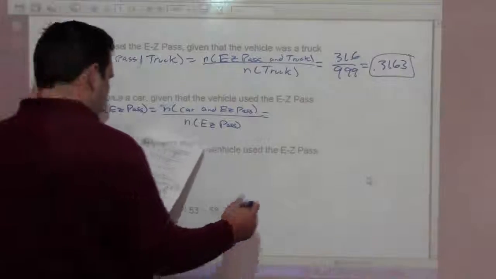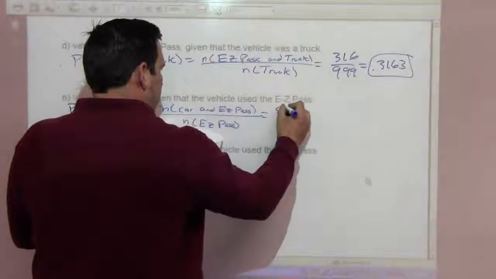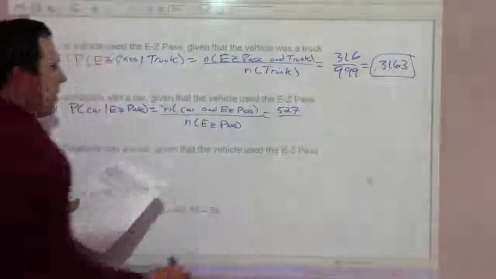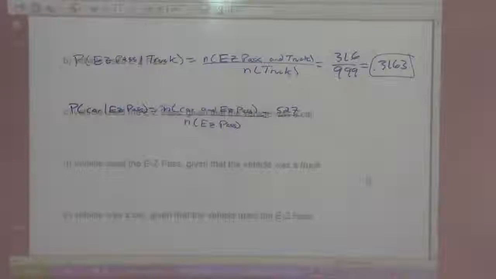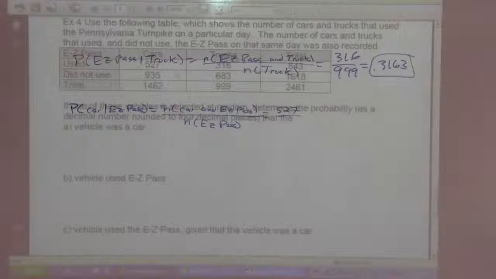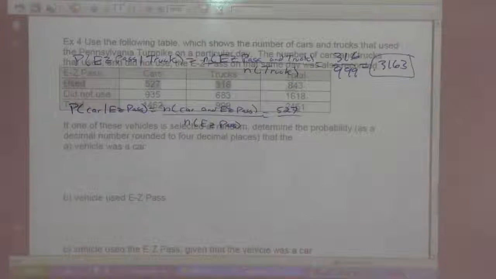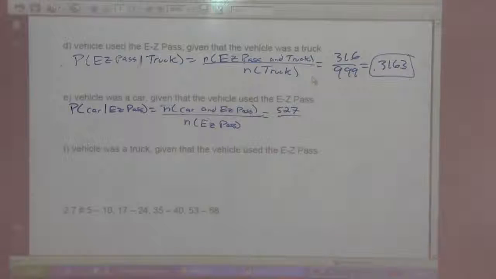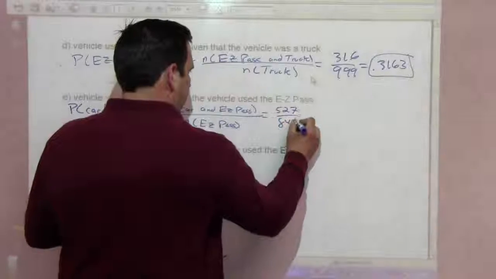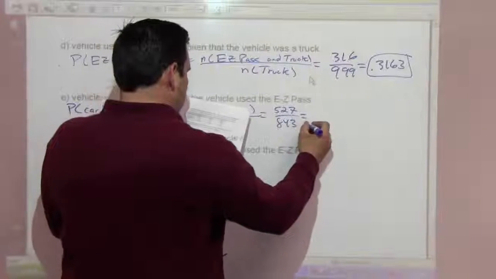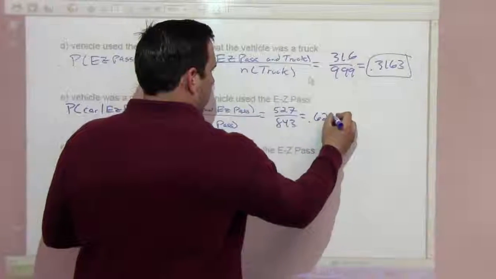So number of cars, we had 527 using Easy Pass, but the number of Easy Pass users was 843 there. It's 0.6251.